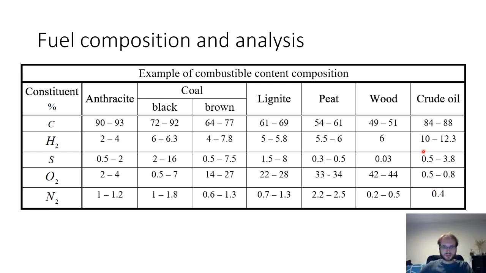Also, for the sulfur content, you can see that some coals can have relatively high sulfur content. Very low sulfur content is in wood, and relatively large sulfur content can also be found in crude oil.